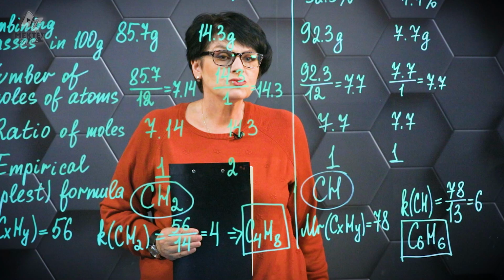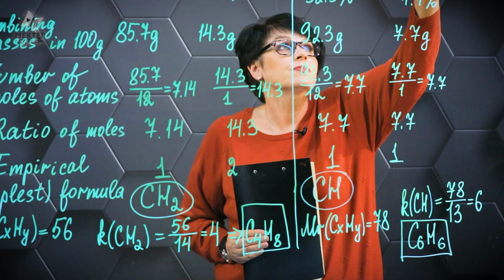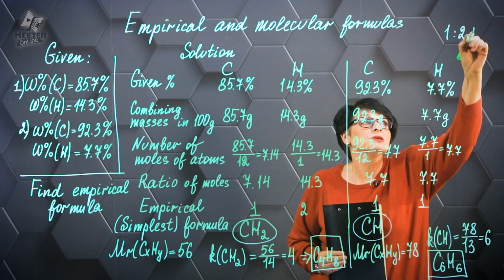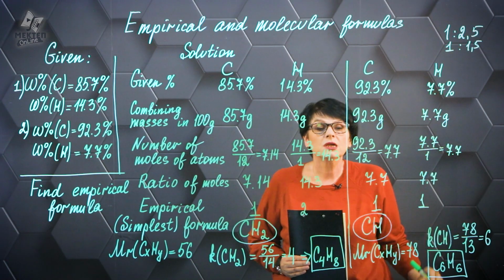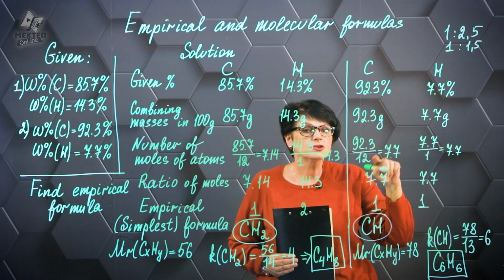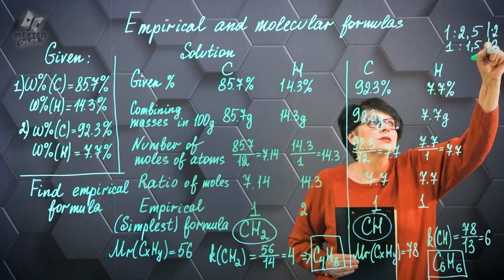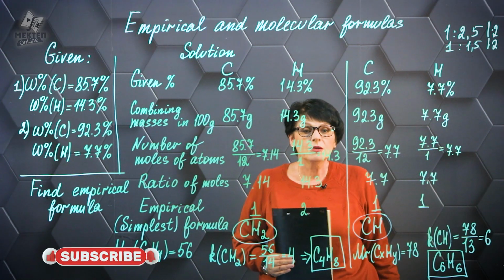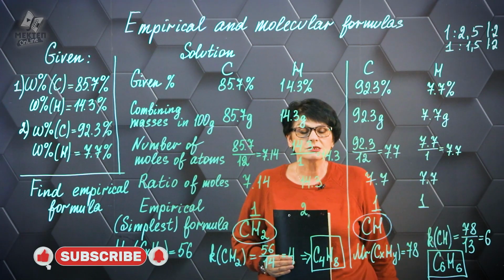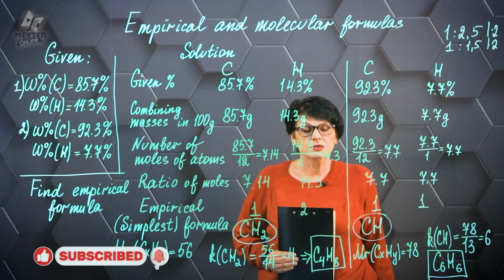If you happen to get a fractional value, for example, 1 to 2.5, or 1 to 1.5, such values are usually not rounded up or down, but multiplied by 2, so that the values are integers, meaning there cannot be fractional mole ratios. Therefore, they are converted to integer values. Please keep this in mind when solving similar problems. Goodbye.